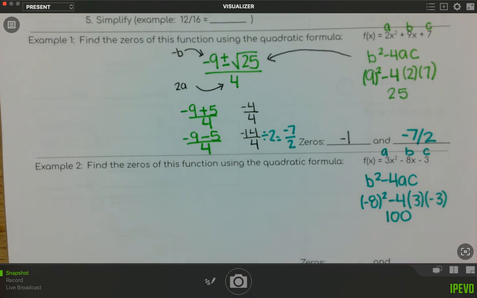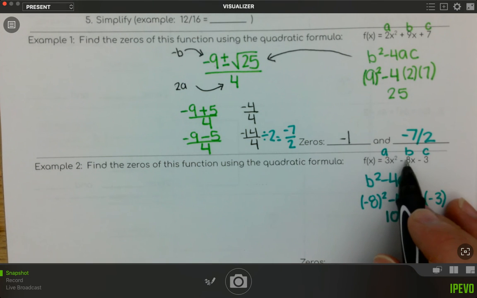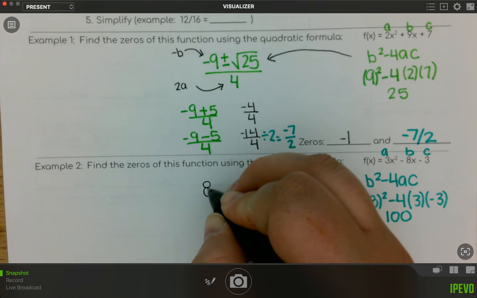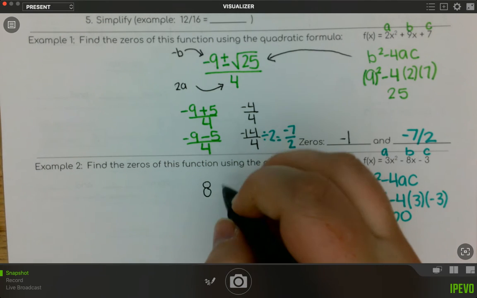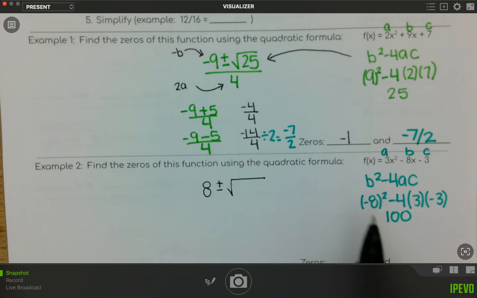So x equals the opposite of b. So the opposite of negative 8 is 8.